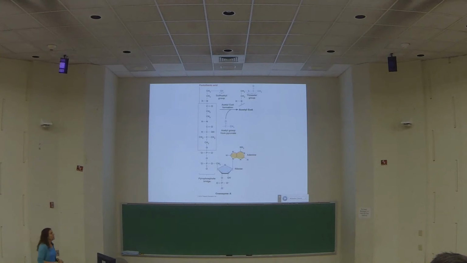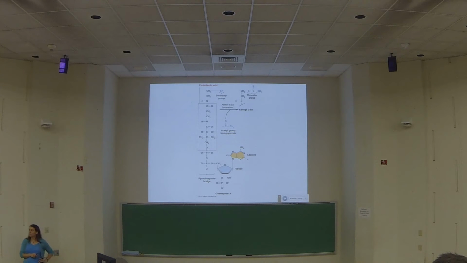If we look at this coenzyme A, it's going to look a little bit familiar. Again, we have as the base our nucleotide, adenine, and another pyrophosphate bridge like we saw in our NADH. Then we have this pantothenic acid with a sulfhydryl group on the very end.